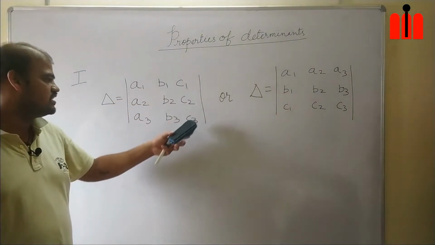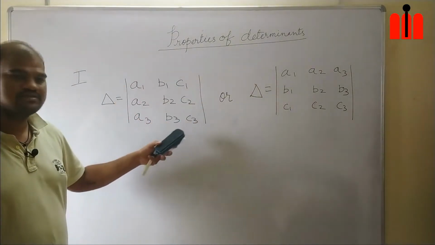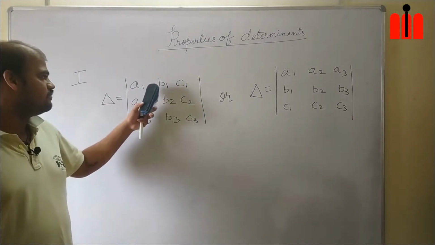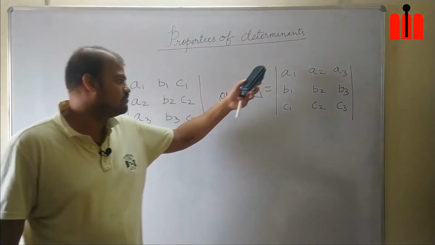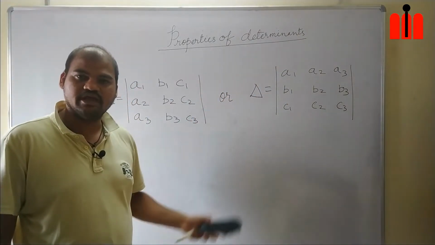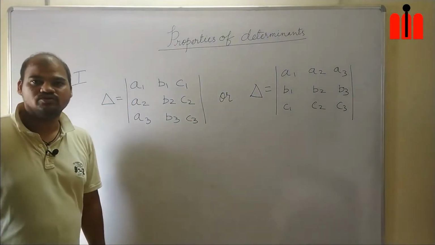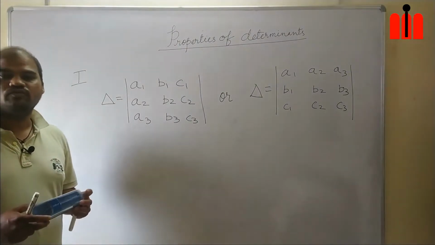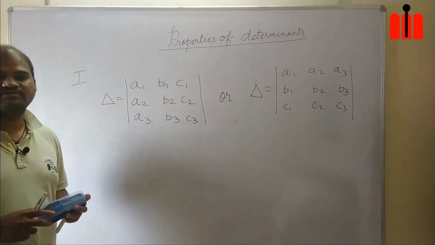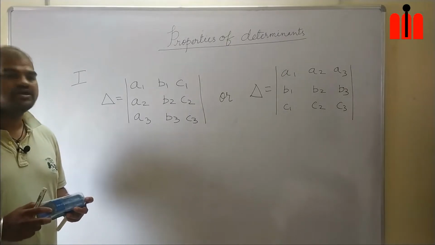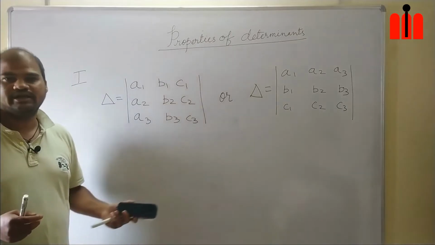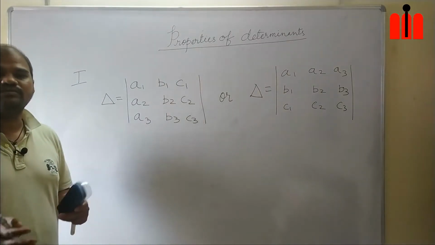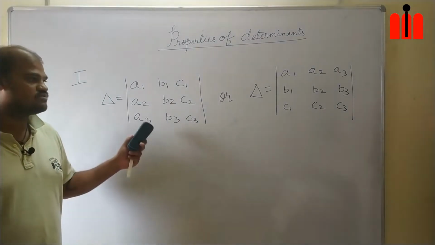It is a 3 by 3 matrix in which A, B, C were rows earlier. Now A, B, C have become columns. So we have gone through one of the operations of matrices, which is transpose. Once we take the transpose of the matrix, then the det of A and A transpose will be the same. This is what this property says.